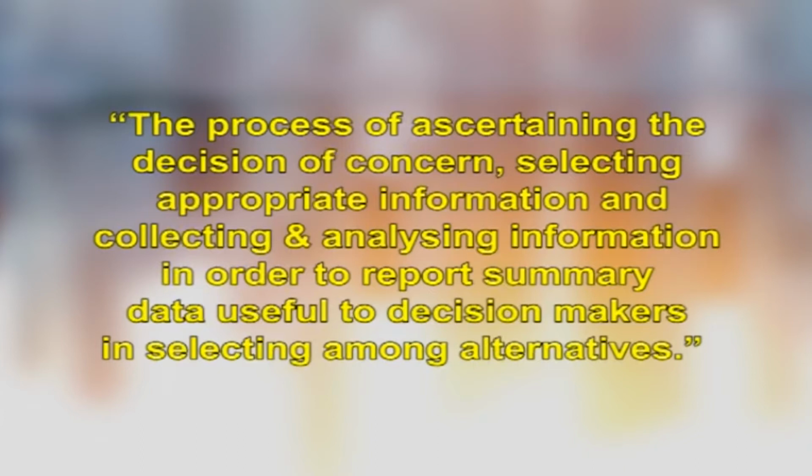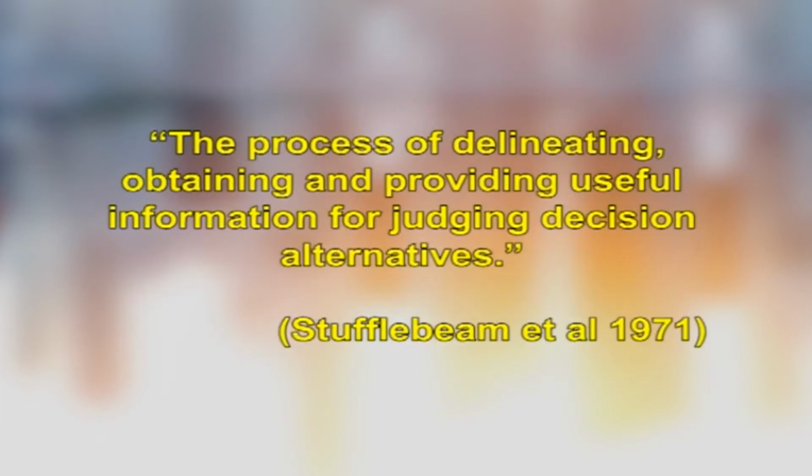The process of ascertaining the decision of concern, selecting appropriate information and collecting and analyzing information in order to report summary data useful to decision makers in selecting among alternatives, as given by Alkin. Stufflebeam has given the definition as the process of delineating, obtaining and providing useful information for judging decision alternatives.